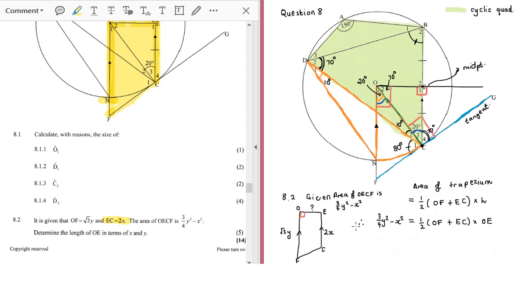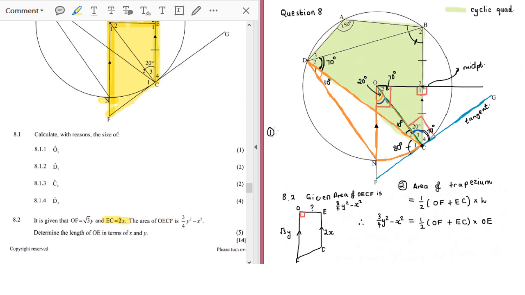Because if you think about it, we didn't actually state the reason why all of a sudden we have a 90-degree angle over there at angle O. So before all of this, you would have this statement.